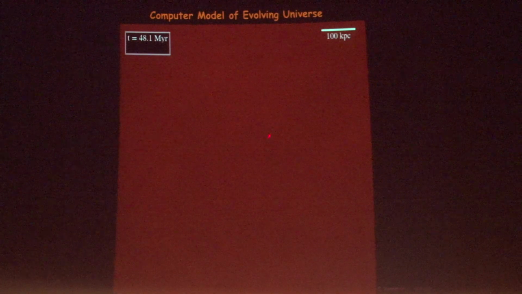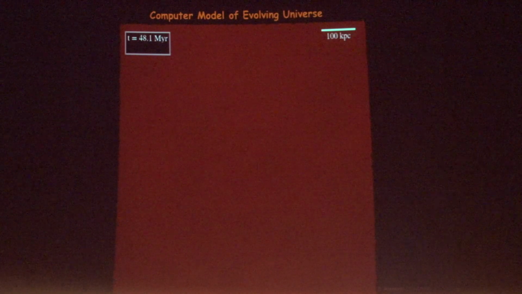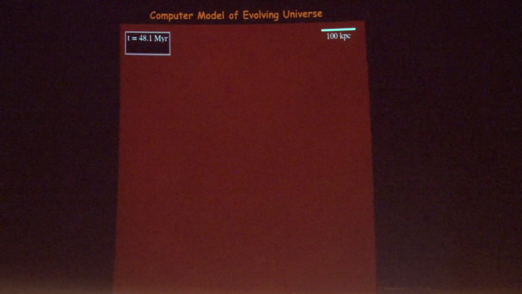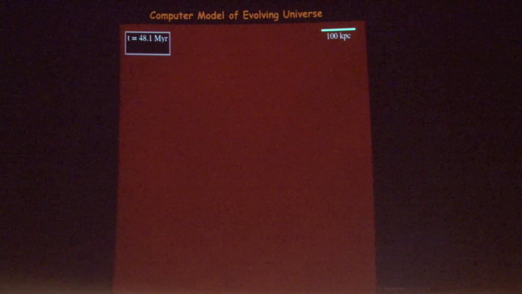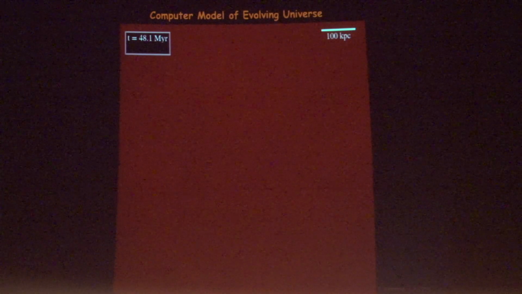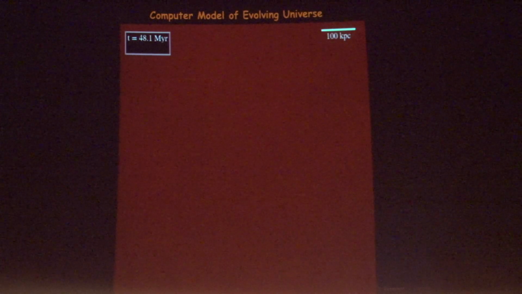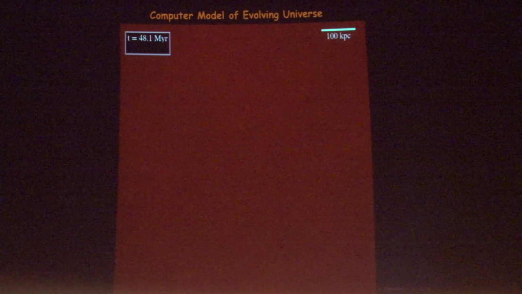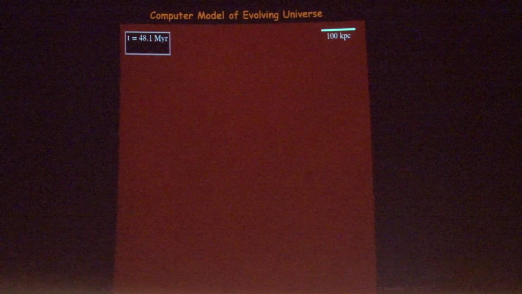Now, you can hardly see it, but basically, this is a very uniform glow here that starts off at thousands of degrees, and they put it in expansion just to see what gravity would do with these fluctuations, to see if the regions that were initially 1 part in 100,000 times more dense, if the increased gravity would cause them to condense and also attract the accretion of material onto them.